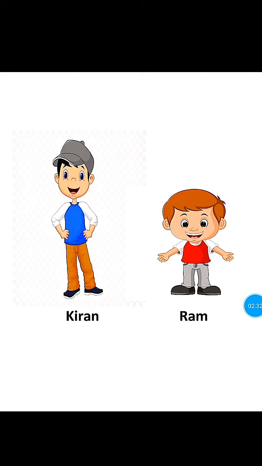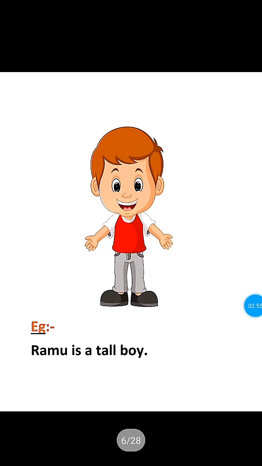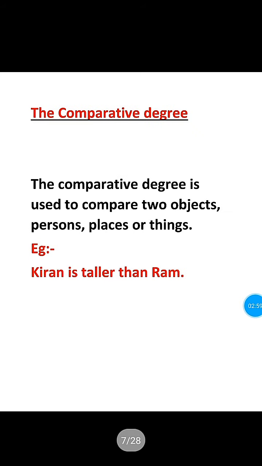Here, we are comparing only these two persons. Here we are saying Kiran is taller than Ram. That's why we used taller. Taller is comparative degree. In this sentence, tall is positive degree. Taller is comparative degree.